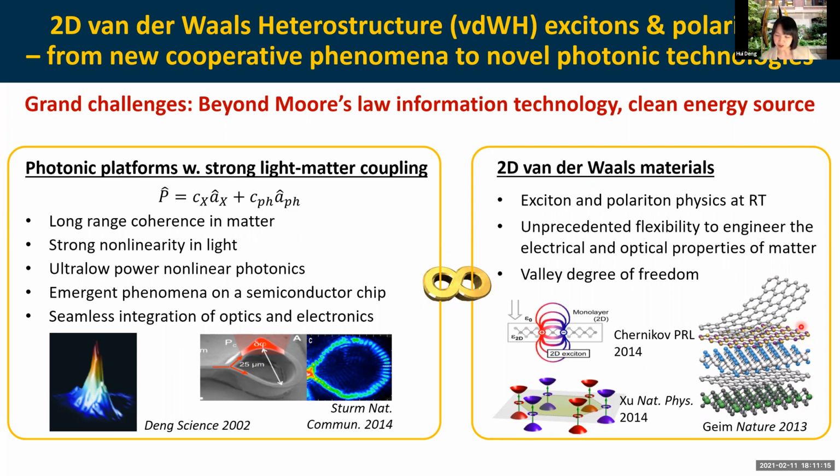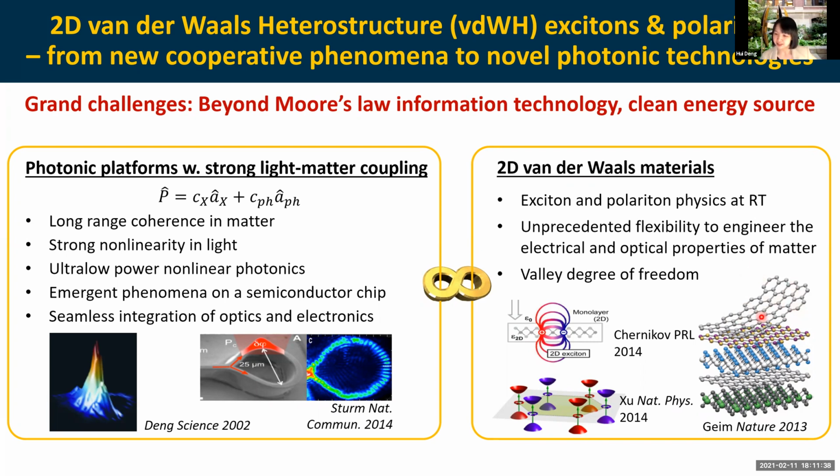That's a very, very weak force compared to Coulomb force bonding or ionic bonding. That's the reason you can peel off these materials layer by layer quite easily with Scotch tape or various types of polymers.